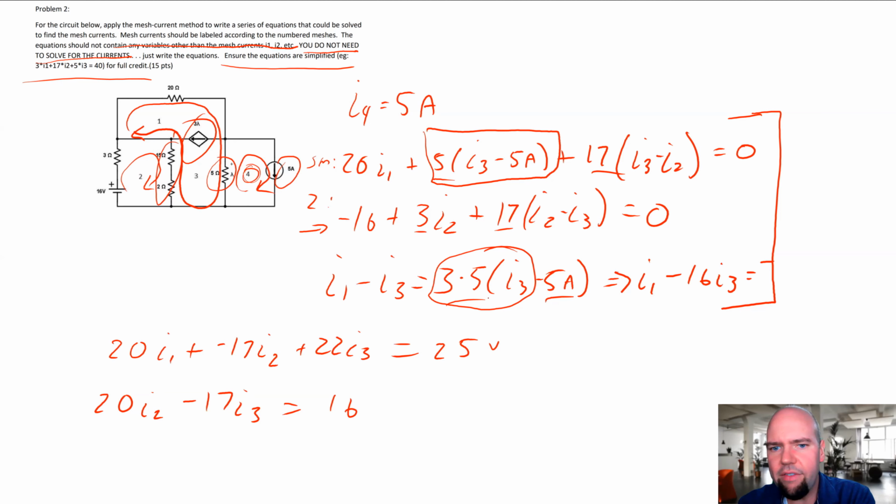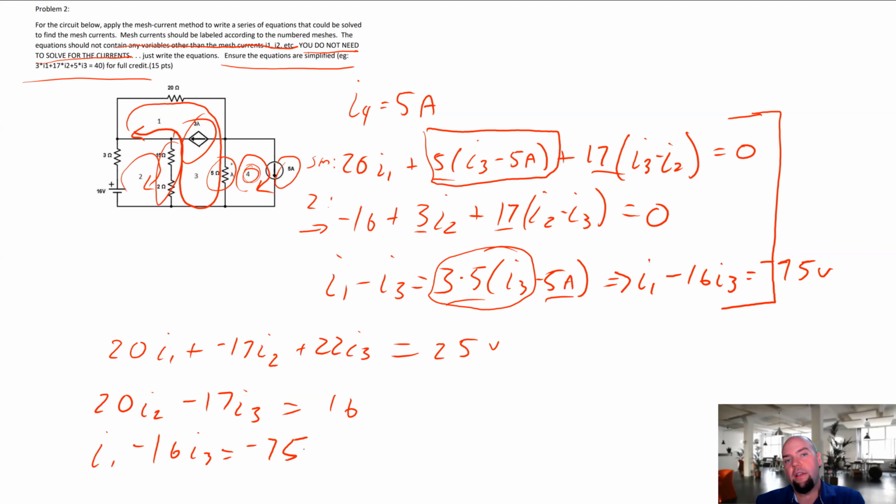So that's going to be 75. Hopefully I did that right. Yeah. Okay. So I1 minus 16I3 equals negative 75.